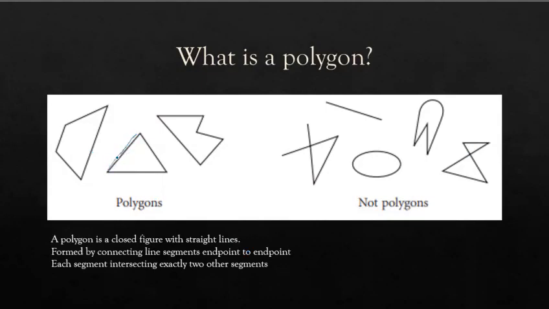So if we're looking at this segment right here, we can say here's one endpoint and here's another, and it's going to intersect with this segment and this segment, so exactly two segments. We come to this one over here. If we look at this segment on the left, here's the two endpoints, and those endpoints connect to two different segments.